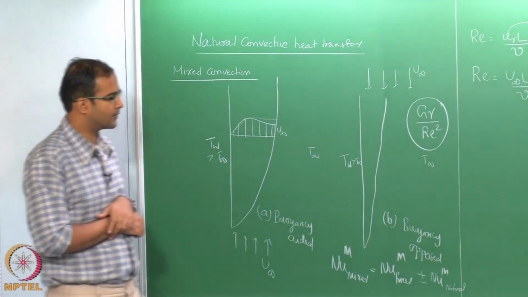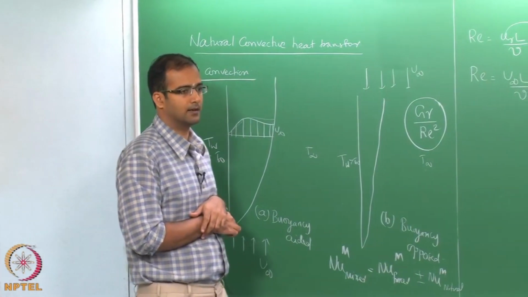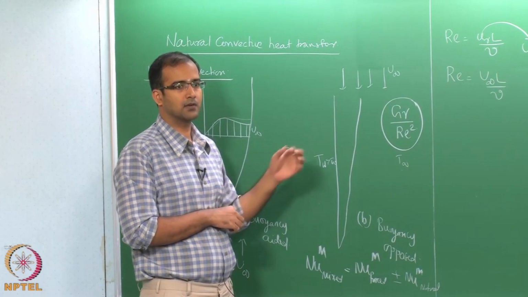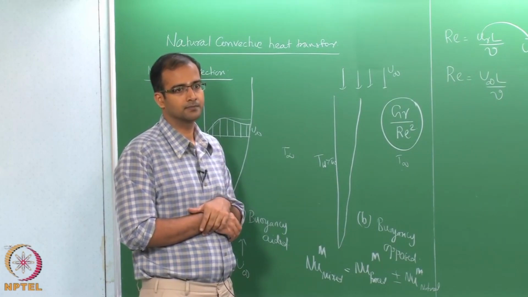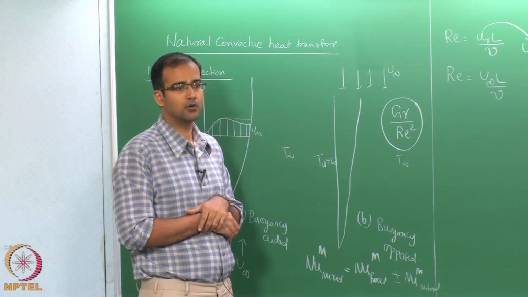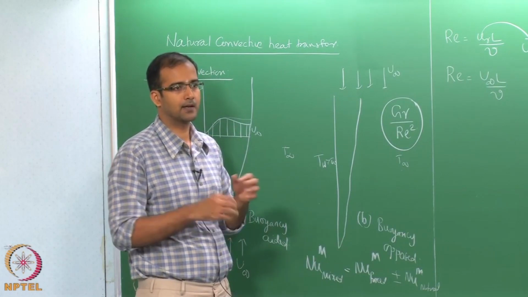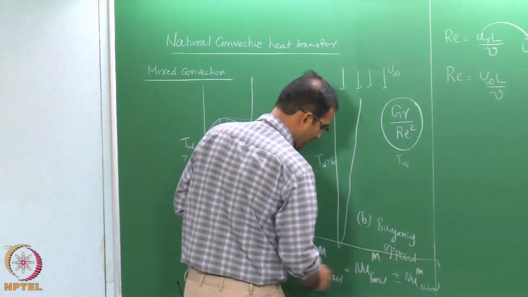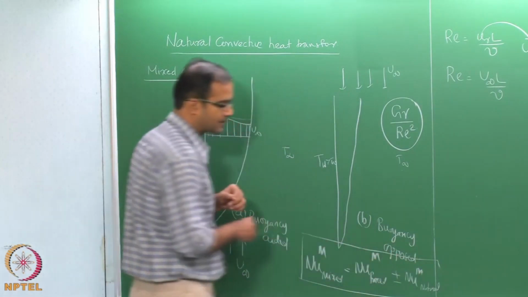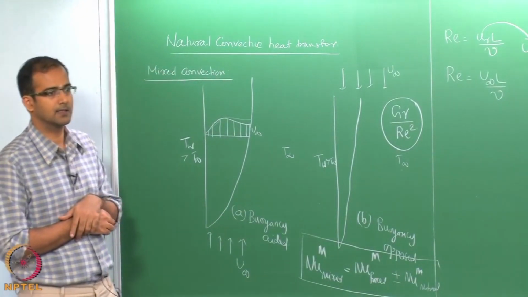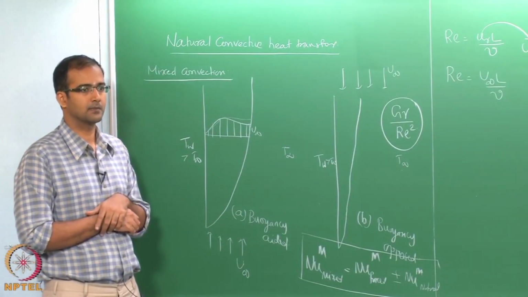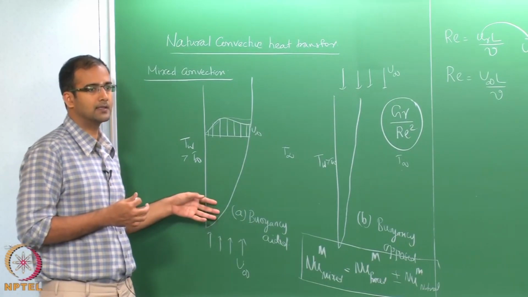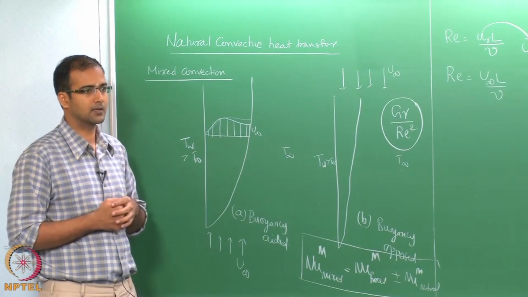Nevertheless, you can use the same set of governing equations that we derived yesterday, and we can find the solution for the mixed convection case also. However, one of the simpler approaches in an empirical manner will be to find the Nusselt number independently for forced convection and then natural convection, and then simply blend these two values together depending on whether it is a buoyancy assisted case or a buoyancy opposed case.